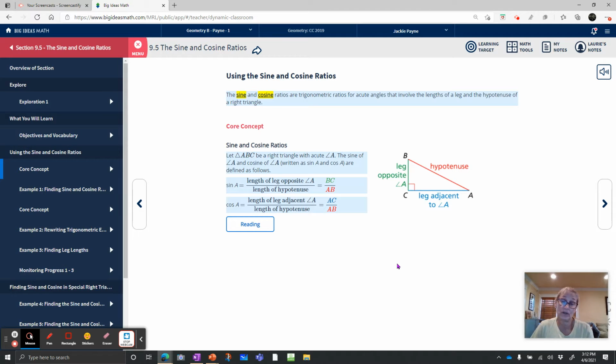If you want to find the cosine, which is a different ratio, then you're going to do the adjacent leg length divided by the hypotenuse length. So that would be AC divided by AB, as you can see here. That's all there is to it. It's just a definition. Learn it, love it, know it.